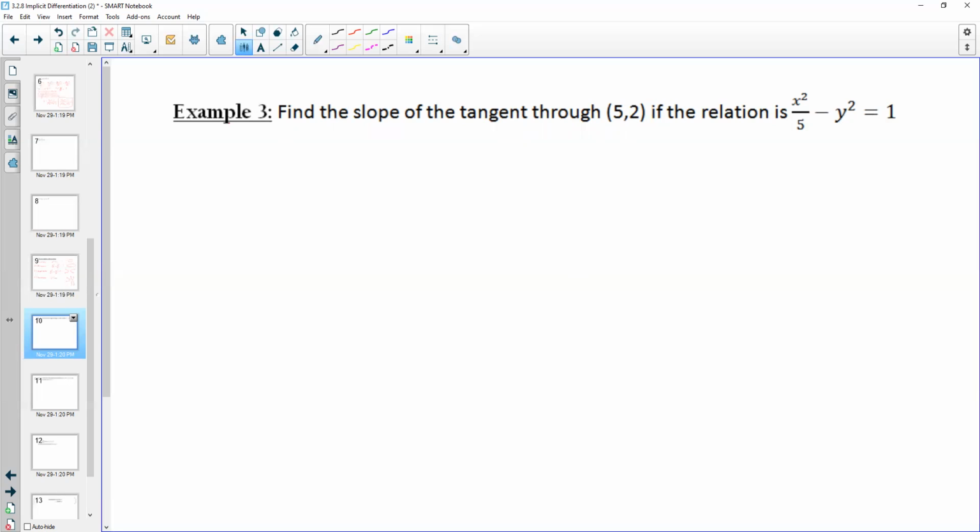First thing that we're going to do here, we'll find the derivative of this function: x squared over 5 minus y squared is equal to 1. We can rewrite this as 1 over 5 multiplied by x squared minus y squared is equal to 1.